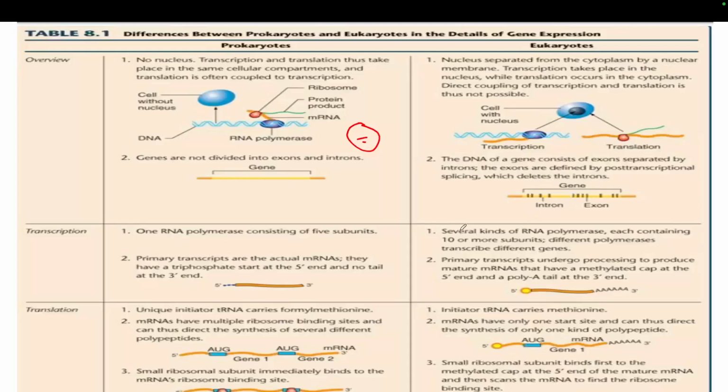Okay, so at the transcription level, in prokaryote there is one RNA polymerase consisting of 5 subunits. The primary transcript is the actual mRNA, which has a triphosphate start at the 5' end and no tail at the 3' end. Because the gene does not contain any intron or exon, it is only exonic part, so there is no requirement of splicing.